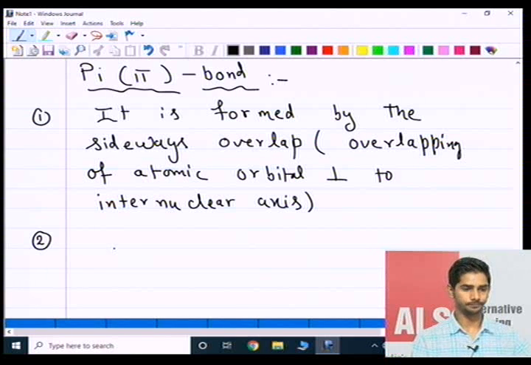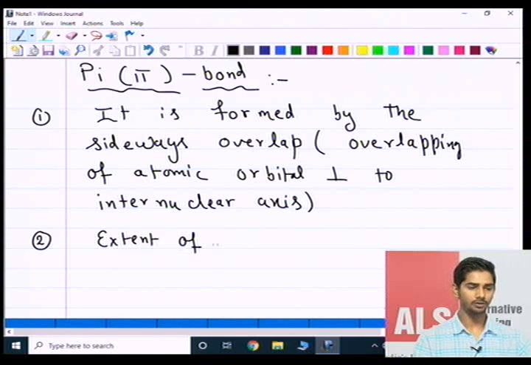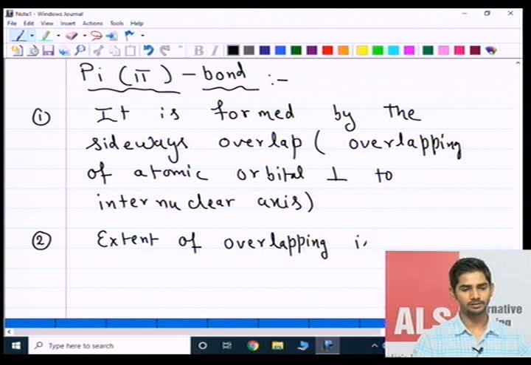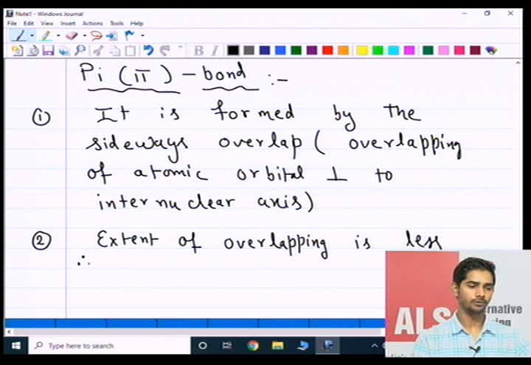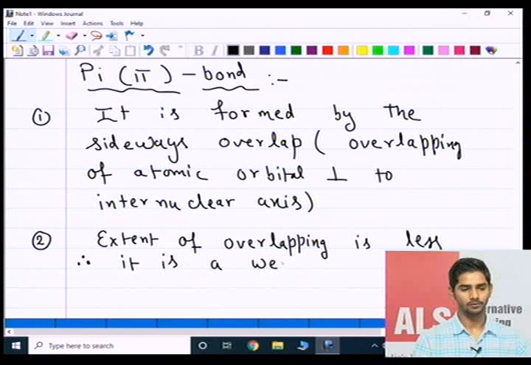So guys, you can copy along with me. Number 2. Here, the extent of overlapping is less. Therefore, it is a weak bond.